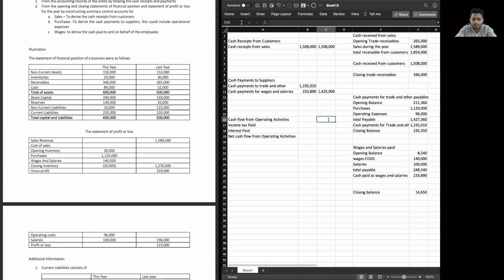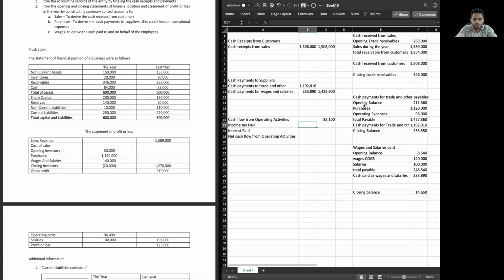So your cash flow from operating activities is going to be 1,508 minus 1,425,900. So 82,100 is going to be the cash flow from your operating activities.